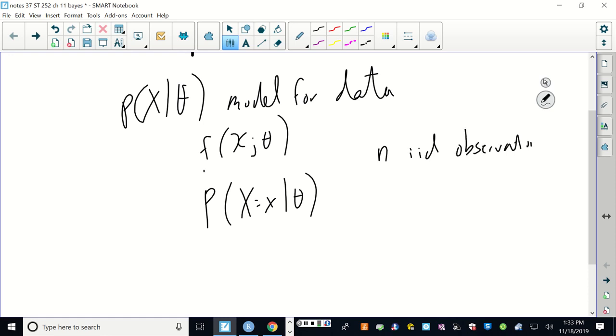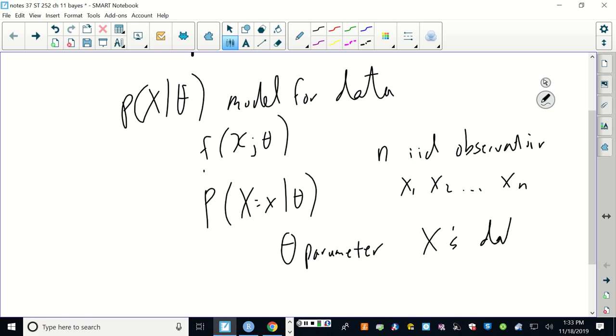So we see x1, x2, up to xn for a sample. And theta is the parameter we want to know something about. And these x's are our data. So we've been starting with this density model, and then thinking about, well, maybe we could find theta that maximizes this. Maybe we can find some function of x that under repeated sampling is unbiased.